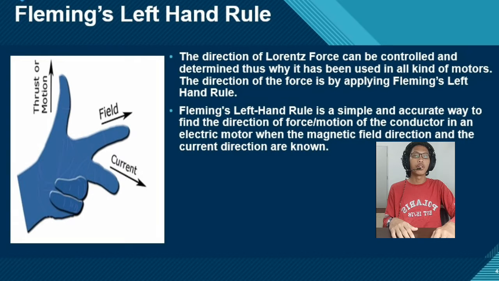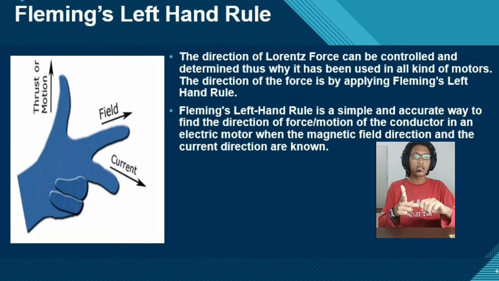Fleming left-hand rule. The direction of Lorentz force can be controlled and determined, which is why it is used in all kinds of motors. The direction of the force is found by applying Fleming's left-hand rule. Hold out your left hand with the forefinger, second finger, and thumb at right angles to one another.